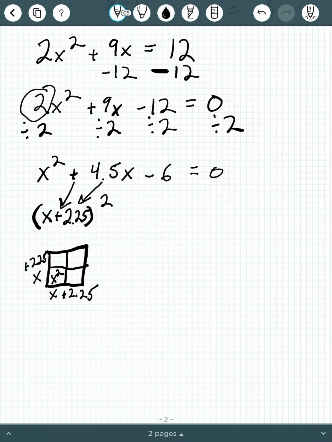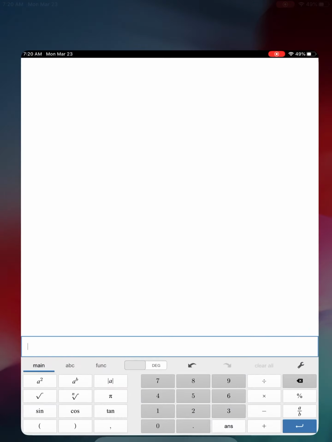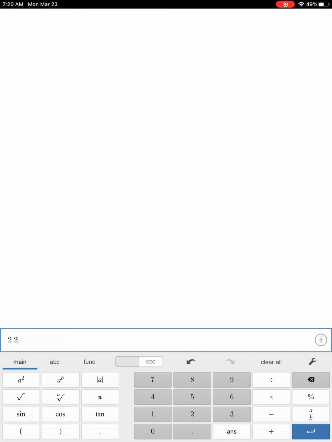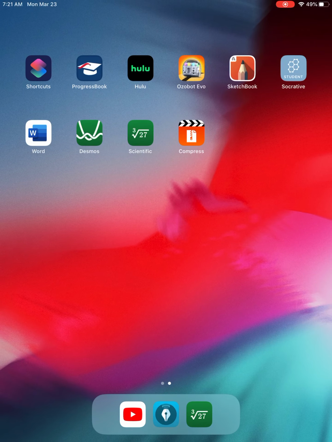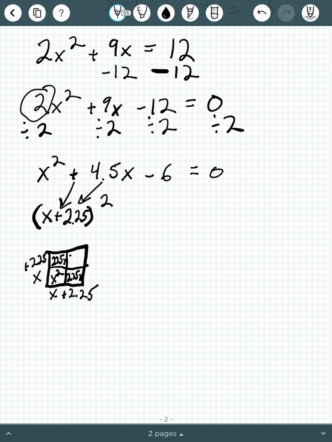We get x squared. We get 2.25x in each box. And then I better check on my calculator what 2.25 squared is. So if I do 2.25 times 2.25, I get 5.0625.